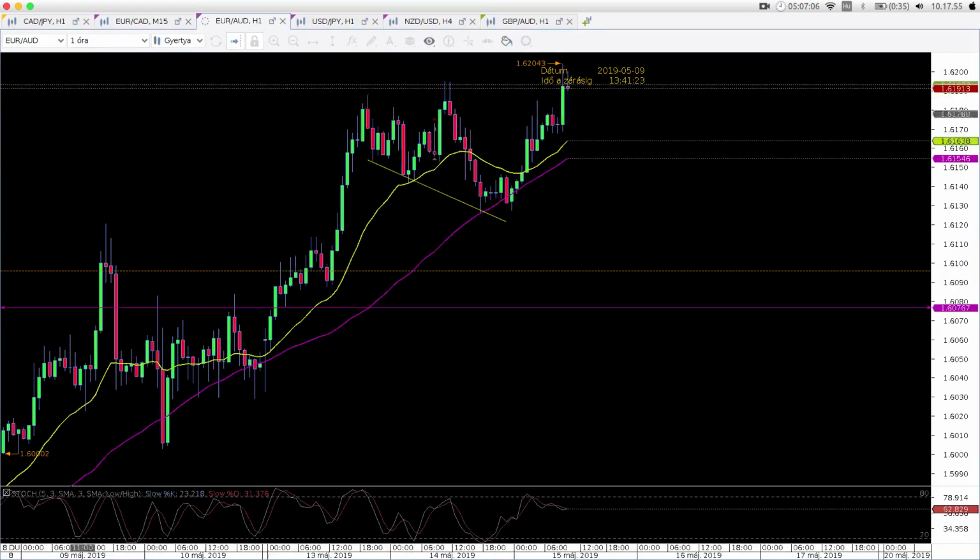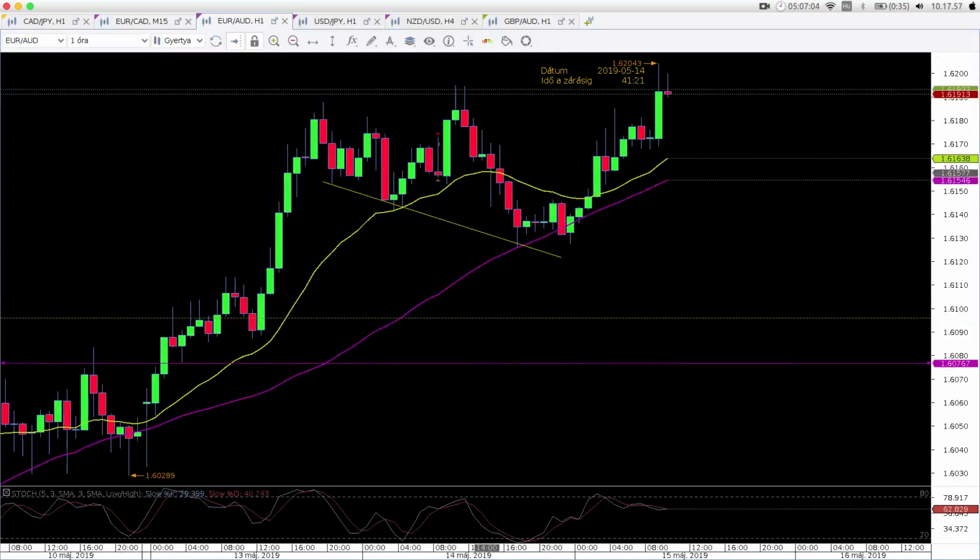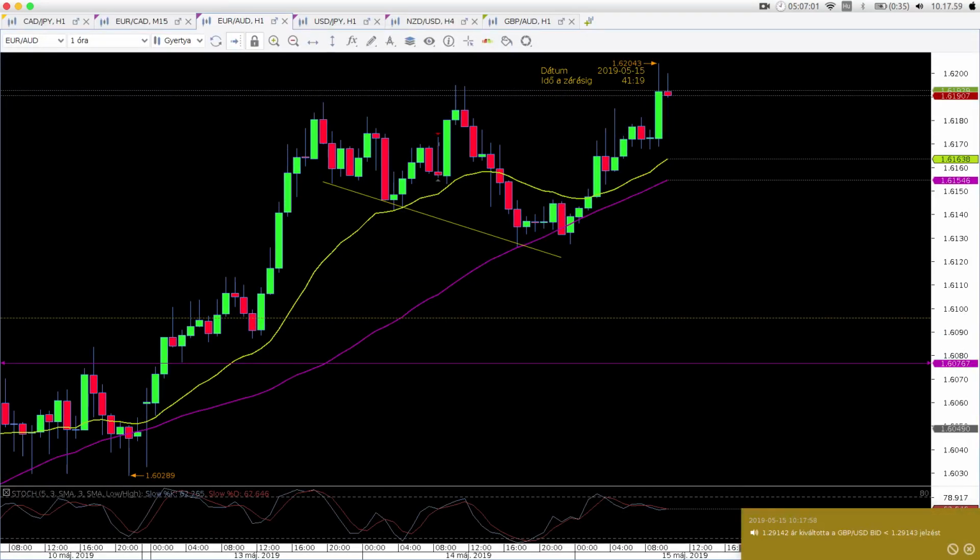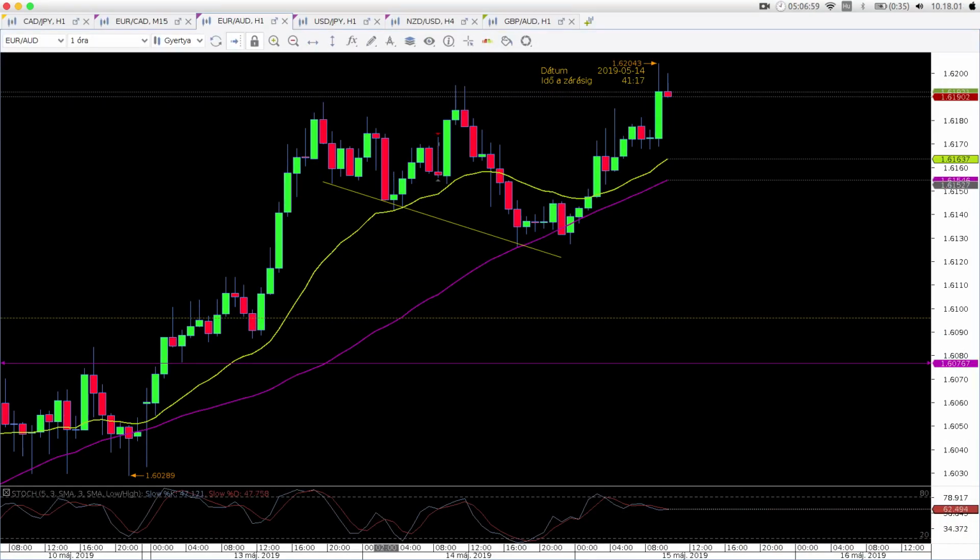So I just went to the 1 hour time frame, and after I saw this seller's move and this weak buyer move, I was sure after this rejection, this engulfing bar, that the game is on.